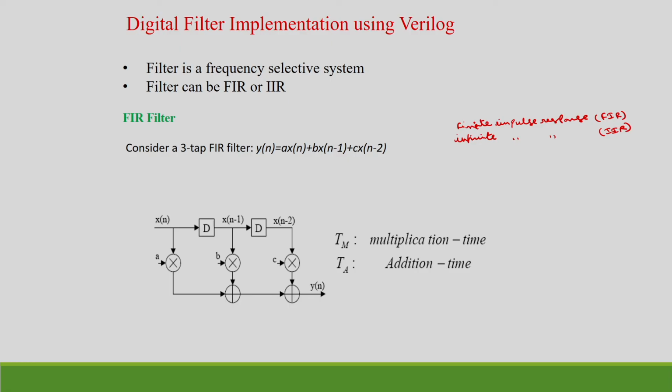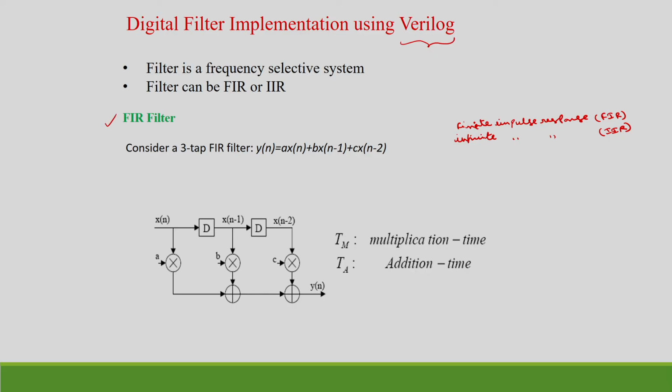Here we will not discuss how to design these; the designing of these filters will be studied in the DSP course. In this particular course we will discuss how to implement these filters using Verilog. We will discuss the Verilog code, then test benches and then the output waveforms. I will start with the FIR filter, and later I will discuss the IIR filter.